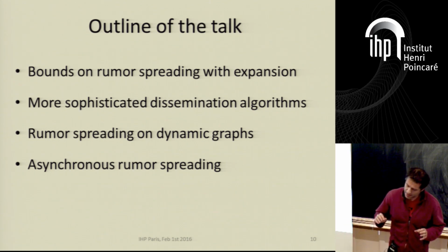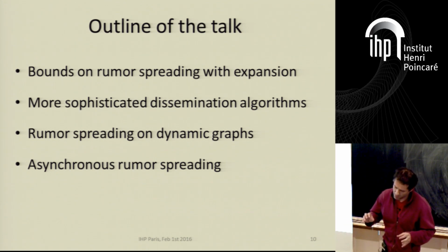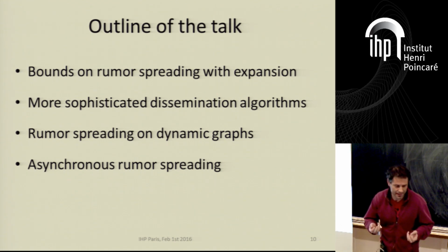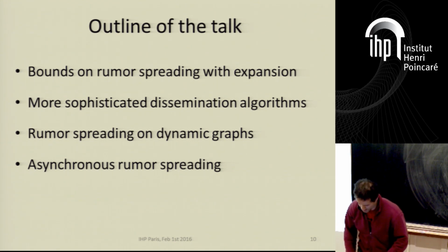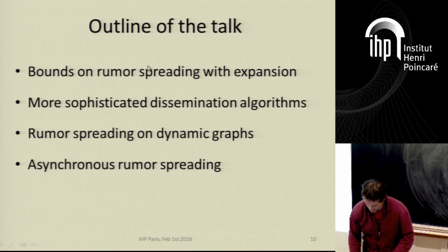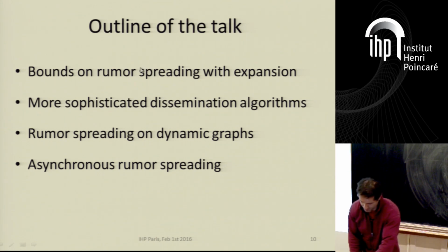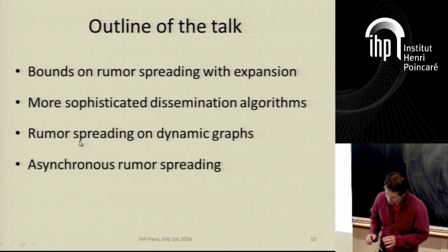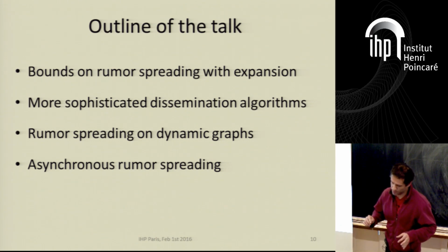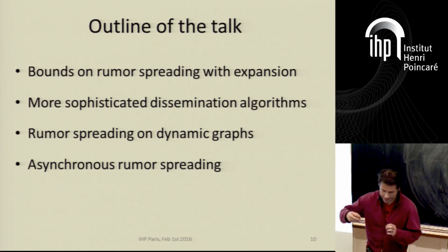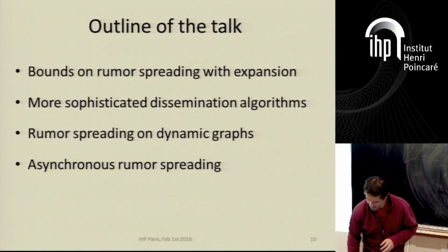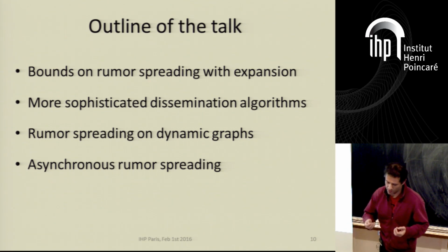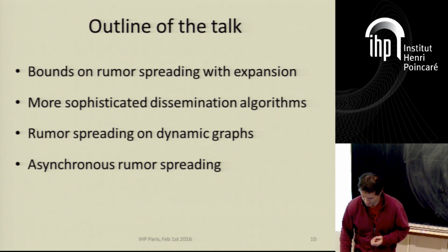Then I will describe some work on more sophisticated dissemination algorithms that use these bounds on rumor spreading in terms of the expansion. Then I will talk a little about rumor spreading on graphs that change over time. And finally, we'll talk about rumor spreading in an asynchronous time model. Okay?